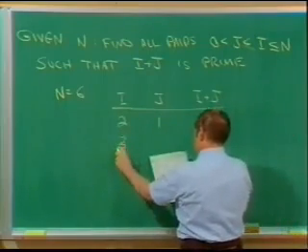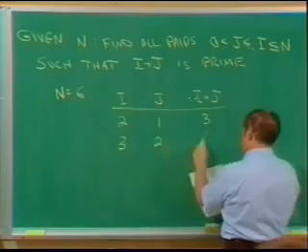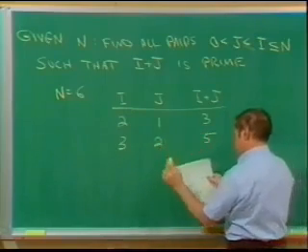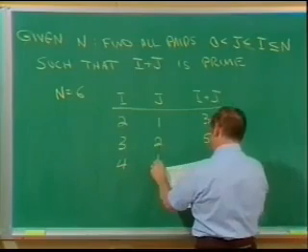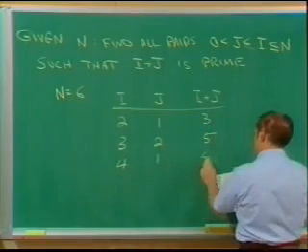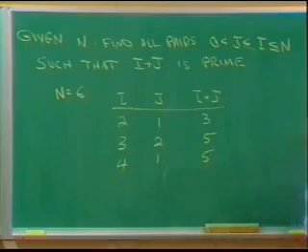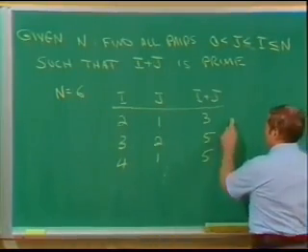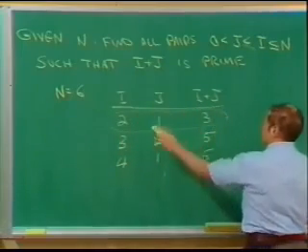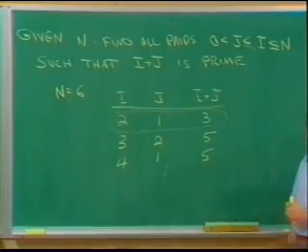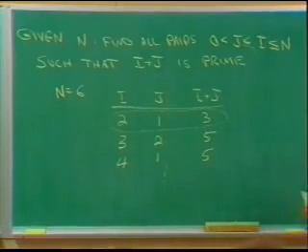And for i equals 3, I could have j equals 2, and that would be 5. And 4 and 1 would be 5, and so on, up until i goes to 6. And what I'd like to return is to produce a stream of all the triples like this. Let's say i, j, and i plus j. So for each n, I want to generate this stream.